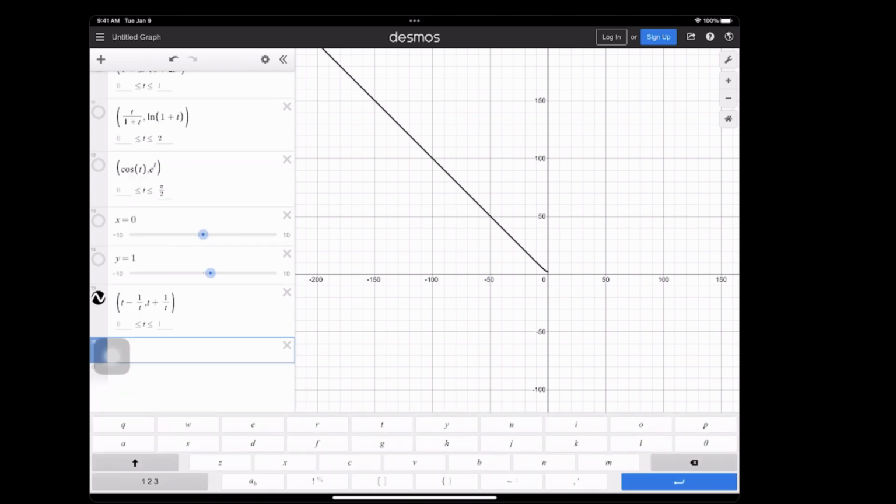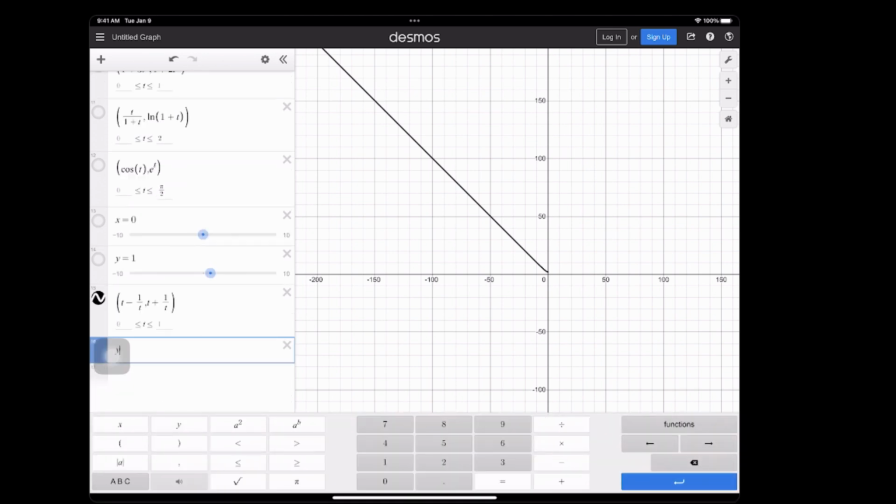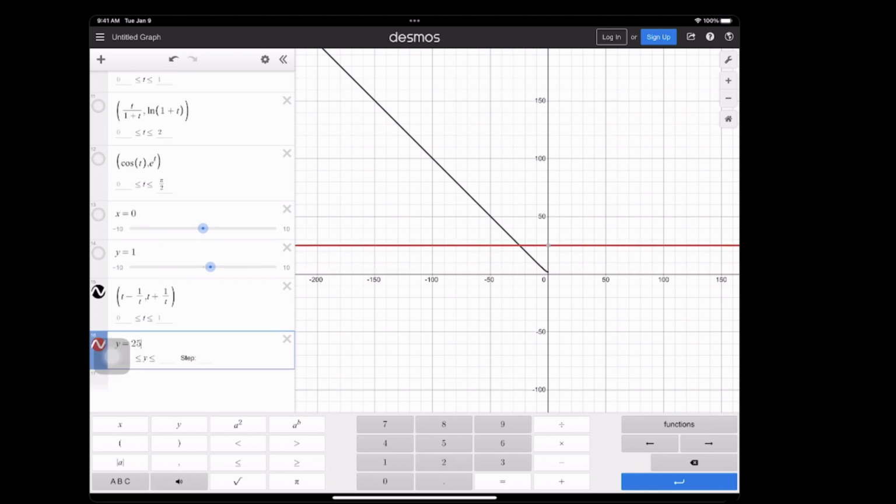And then you now have the line y equals 2.5.